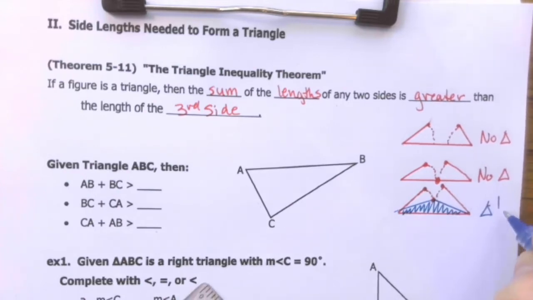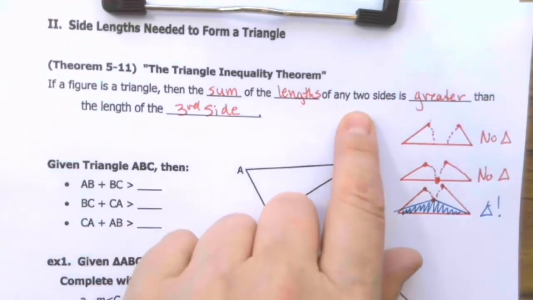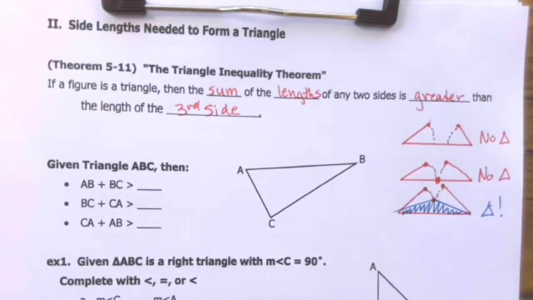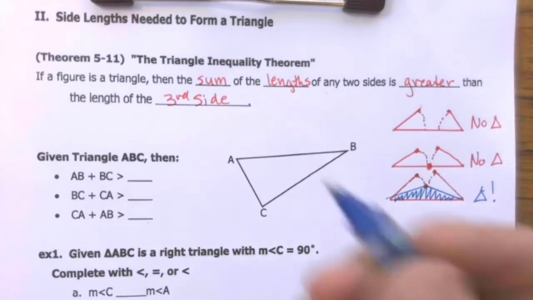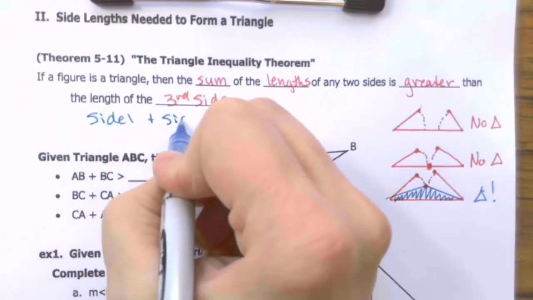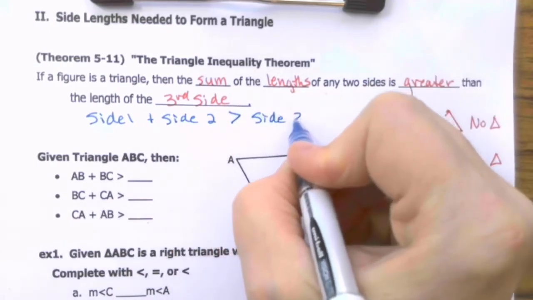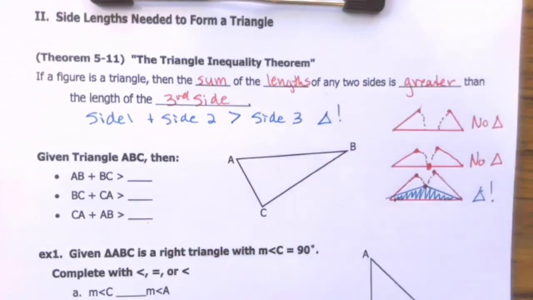So that situation will make a triangle. So the sum of the lengths of any 2 sides has to be greater than the length of the third side. So in summary, side 1 plus side 2 has to be greater than side 3 to make a triangle.